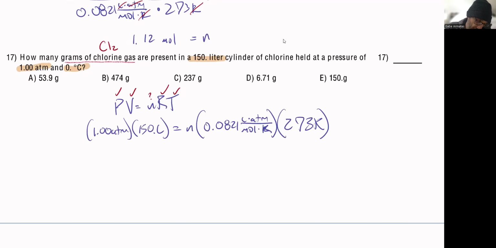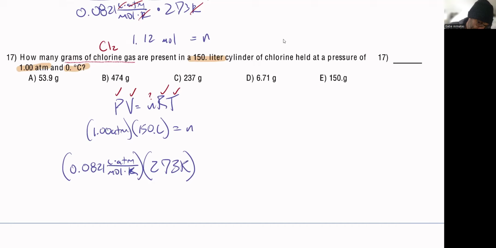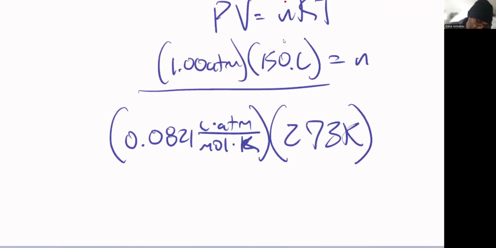Again, I'm going to divide by the right-hand side, so all of this is just going to be divided over here. Moles equals. So let's do the calculation. Atmospheres goes away, liters goes away, Kelvin goes away, leaving behind moles. And so now we do the math.